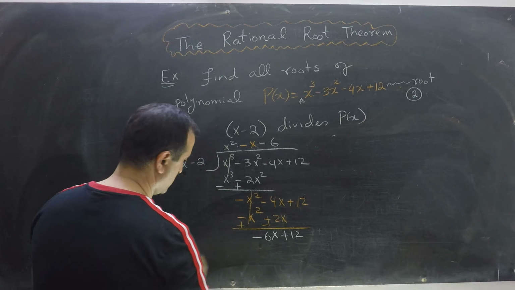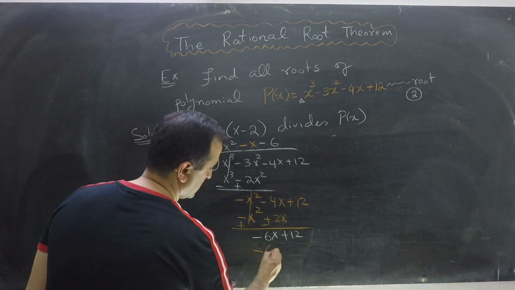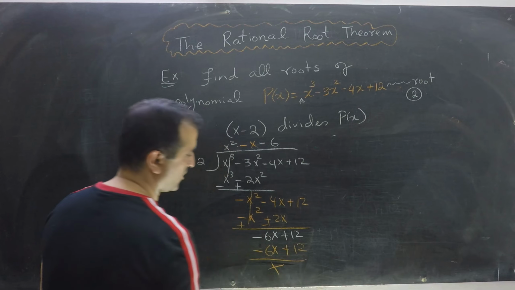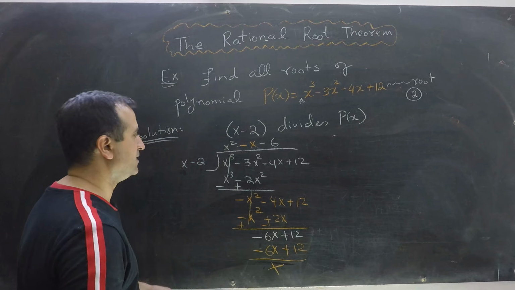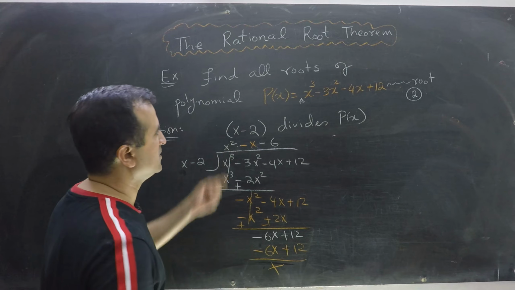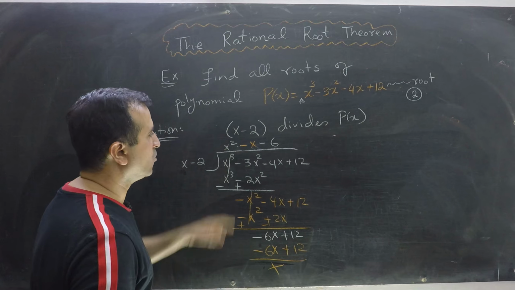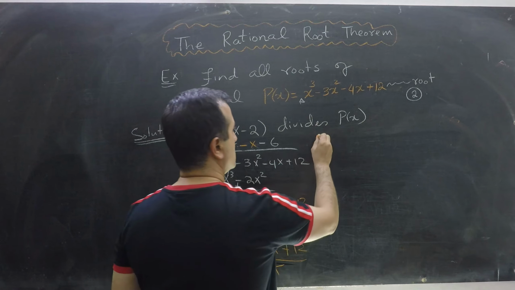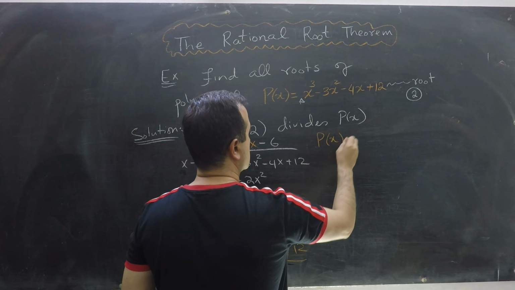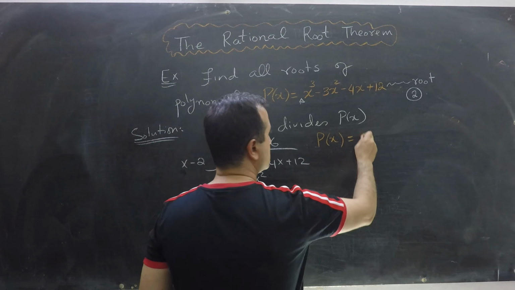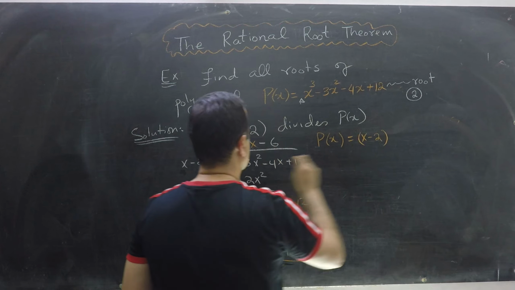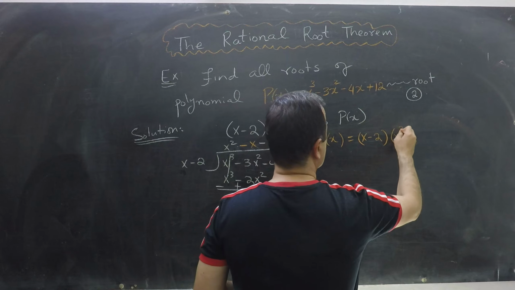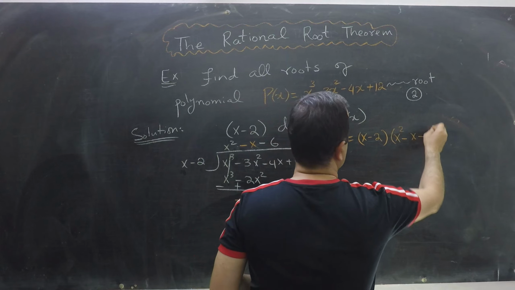I will get -6x + 12. So my remainder is 0. This confirms that 2 is indeed a root of this polynomial. And my quotient is this polynomial. That means I can write p(x) as (x - 2) multiplied by this quotient, which is x^2 - x - 6.